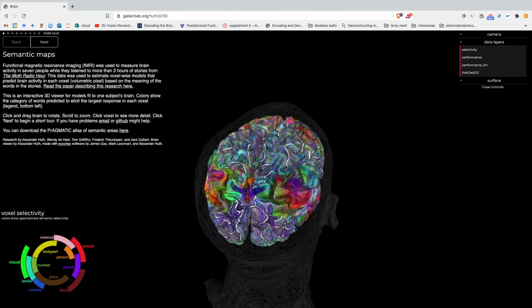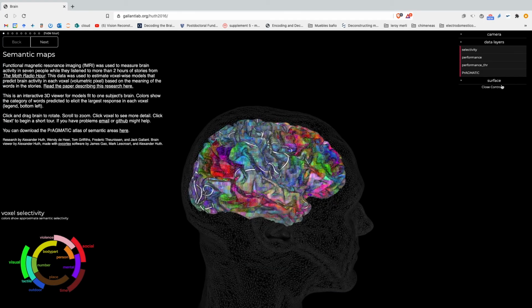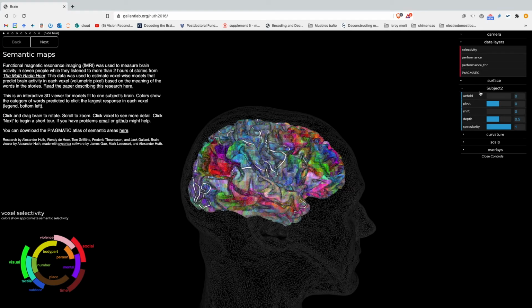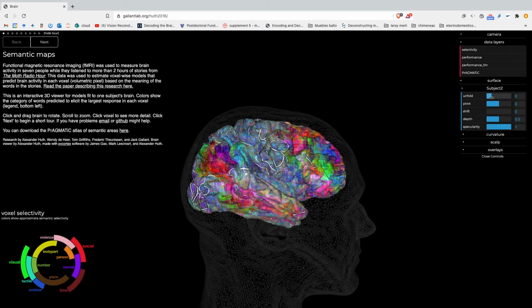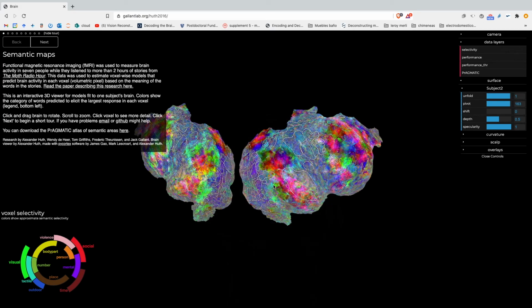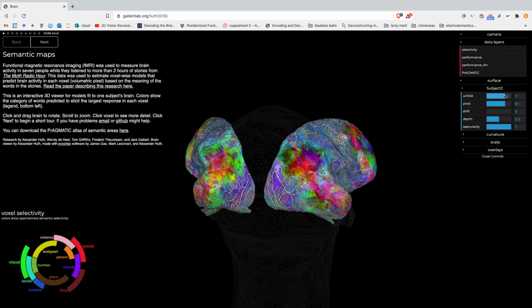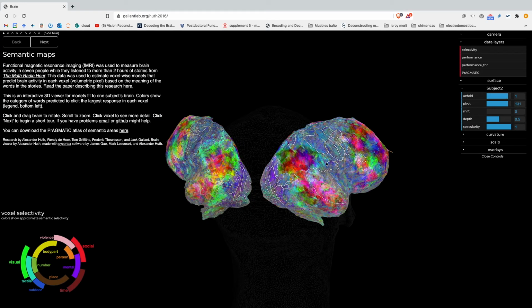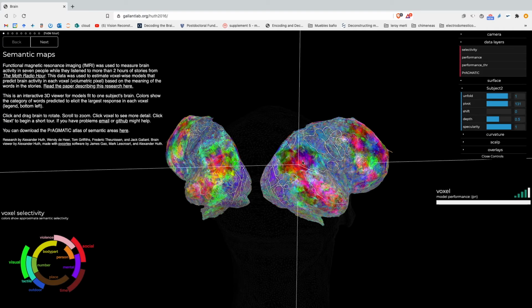You can see the different regions, and we can spread and unfold the cortical layers like this. Here you can inspect in more detail, for example, this parietal region and what it is representing.